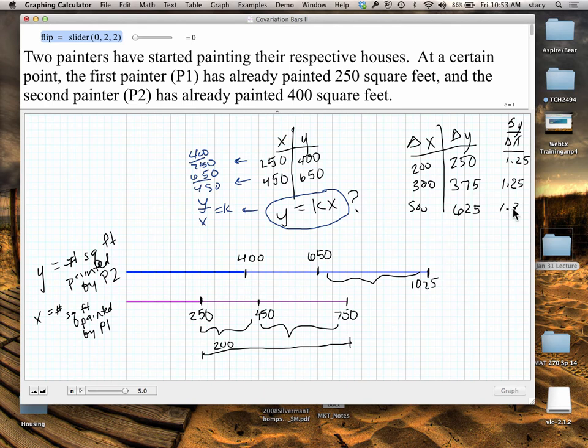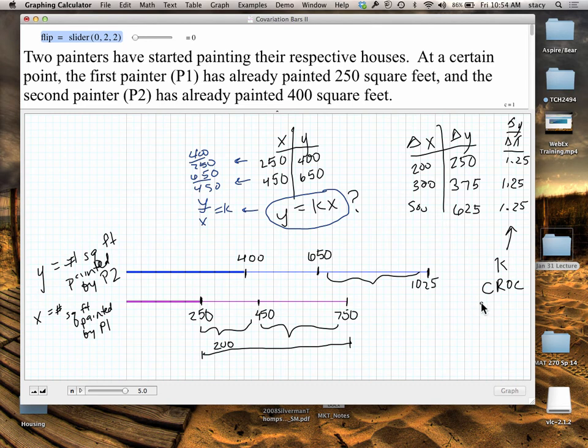Oh my goodness. Okay, so the fact that this quotient, changes in y over changes in x, no matter which changes in x and corresponding changes in y I look at, always produces the same constant, that's how we know that we have a constant rate of change scenario. Okay, so this 1.25 is our constant rate of change of y with respect to x.